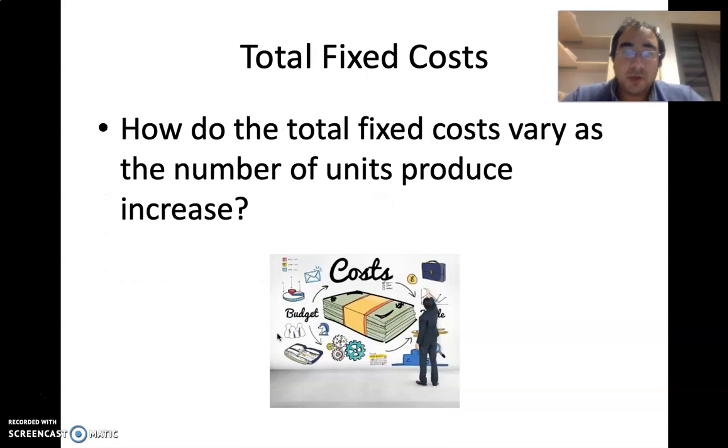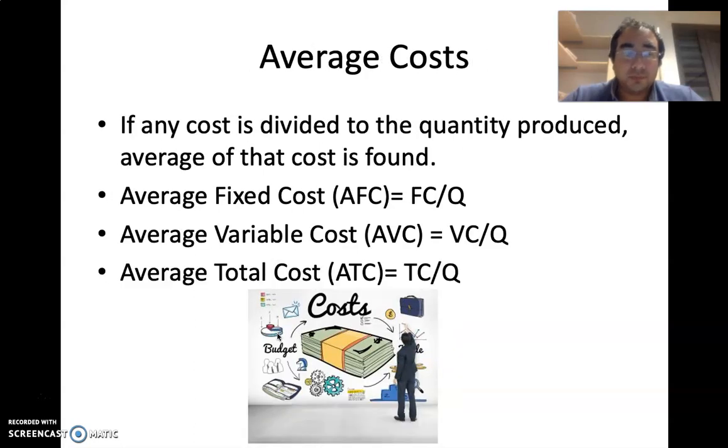So now, using this basic information and some more trivial information you'll see, we will construct the overall cost structure of a typical company in the short run. So what is the cost structure they face, and how is this cost structure related to the quantity they produce?